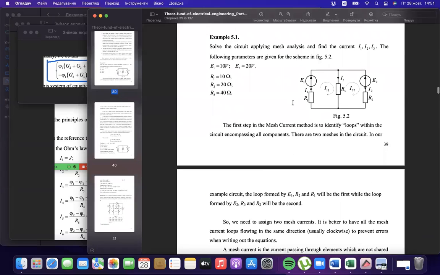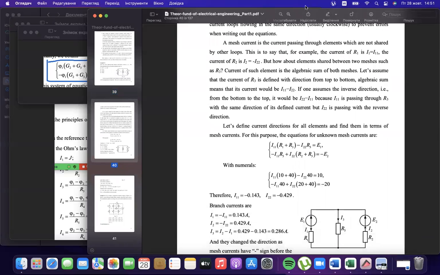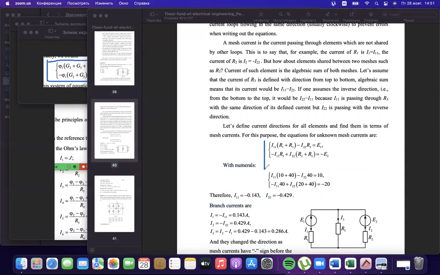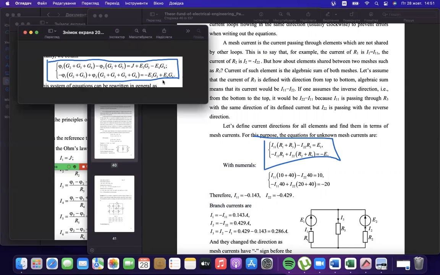For example, for an example with mesh currents, the form of system for solution looks like here. In the nodal voltage, the equations look like here. Currents on resistivities or potentials on conductivities. Two different parts of method. Mesh currents and nodal voltages.